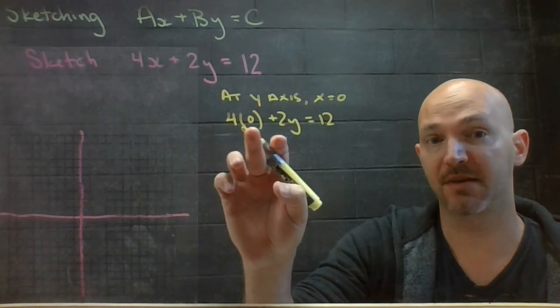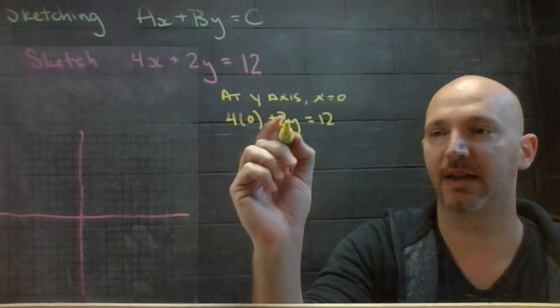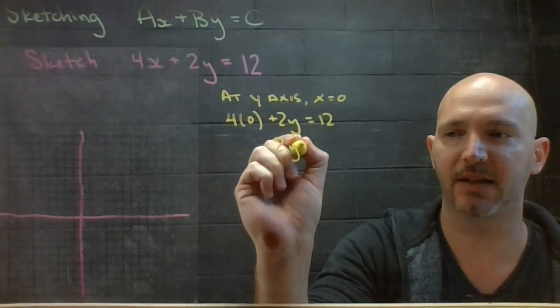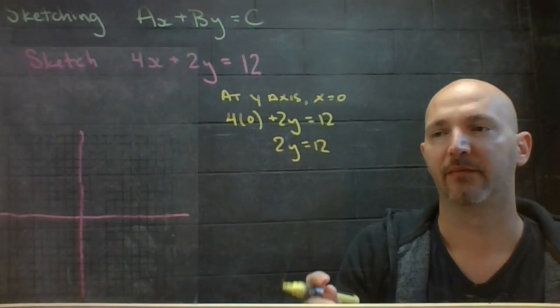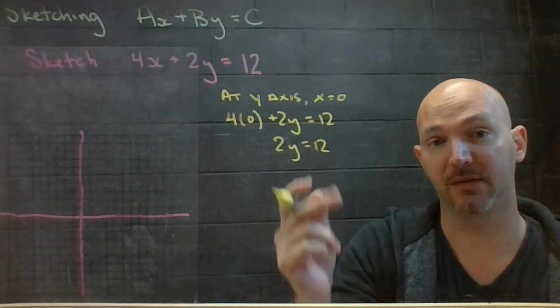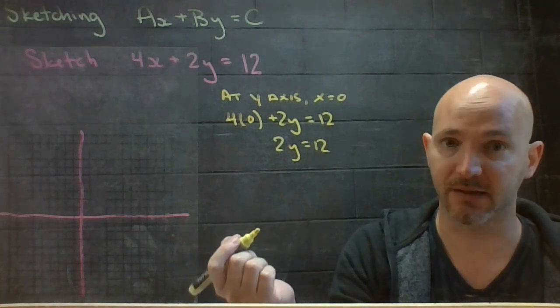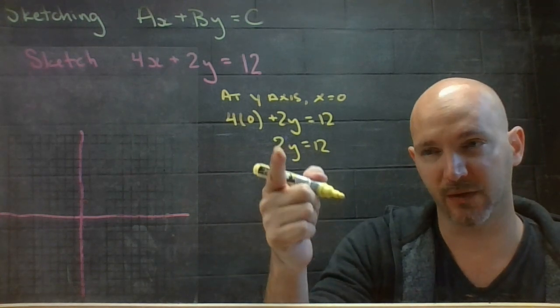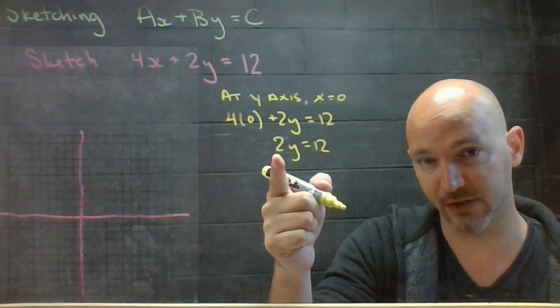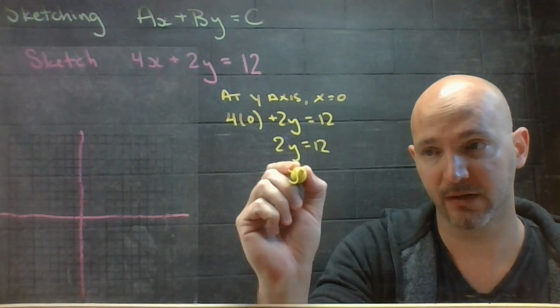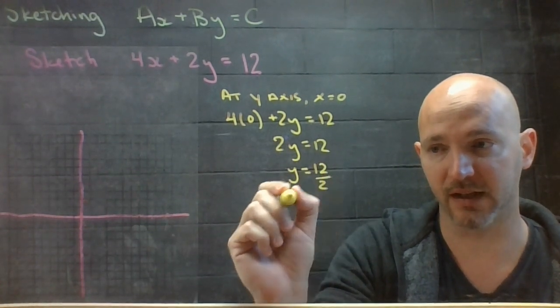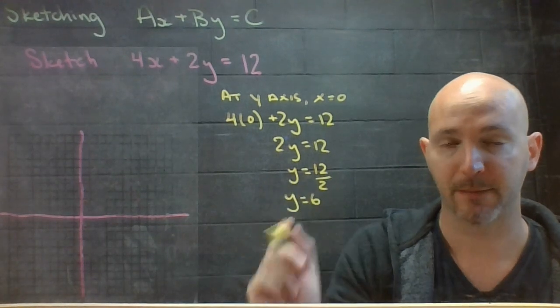Well, 4 times 0 is 0, so that leaves me with 2 times y equals 12. So what number times 2 gives you 12? It's 6. If you're not sure, we're going to use algebra here. We need to undo this multiplication. So we'll do a division here, and indeed, you get 6.